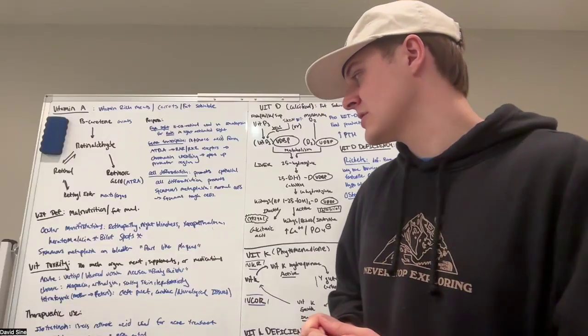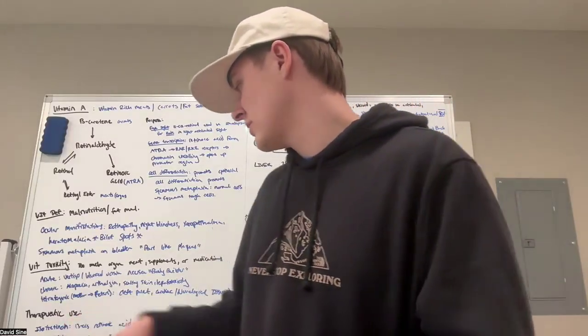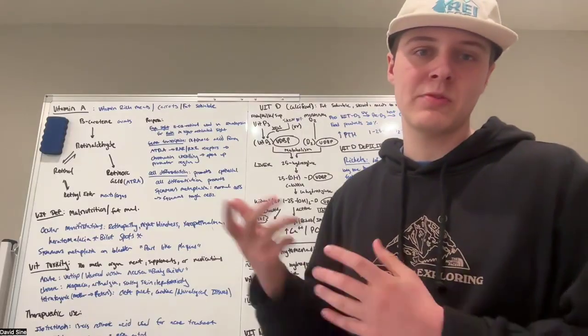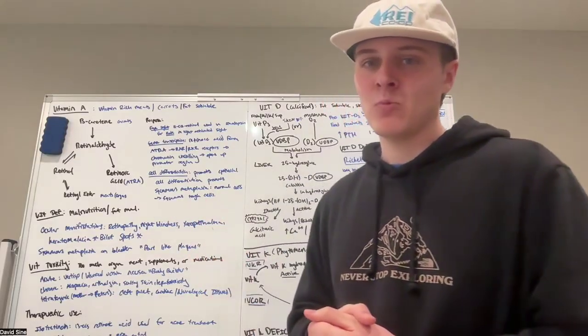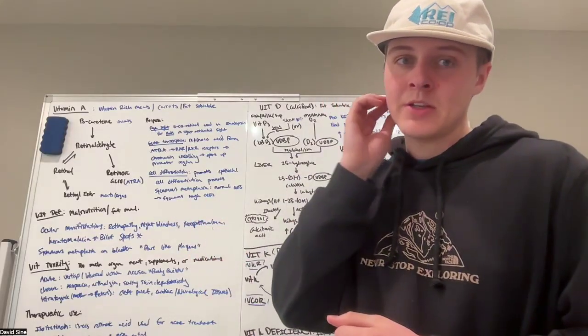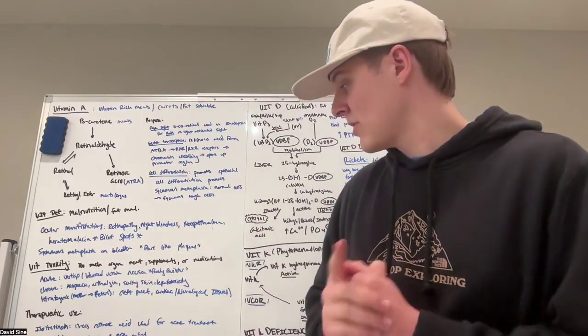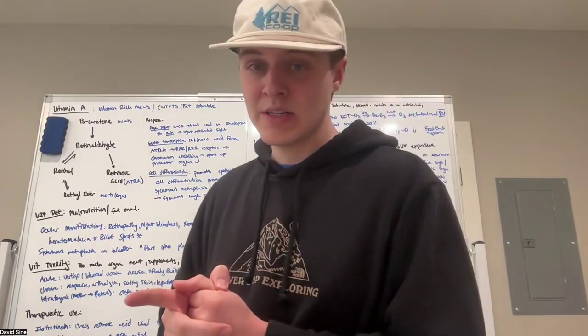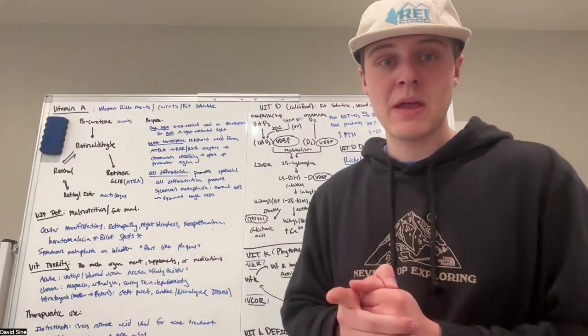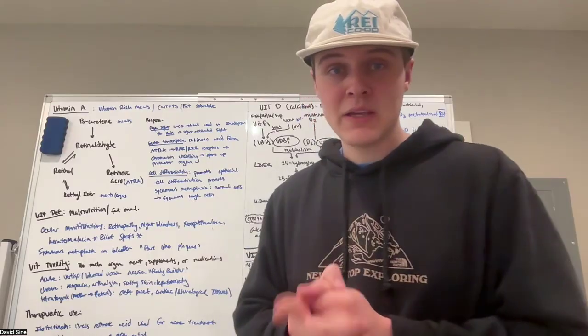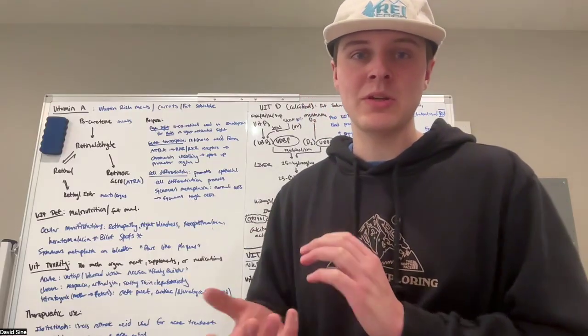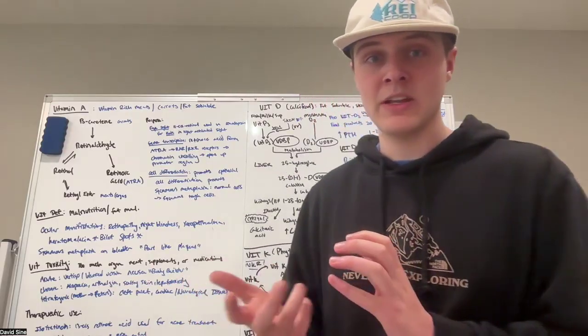Some therapeutic uses: the big one, like I said, is using 13-cis retinoic acid, a form of retinoic acid, which is used very commonly to treat acne. The big thing with that is it's very potent, and you want to make sure the patient is not pregnant, because if they're pregnant, it's going to really damage the baby, the fetus.